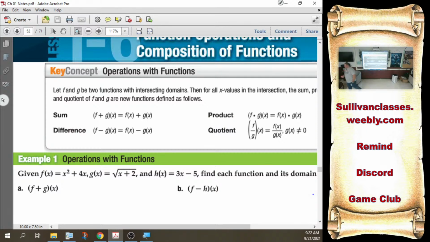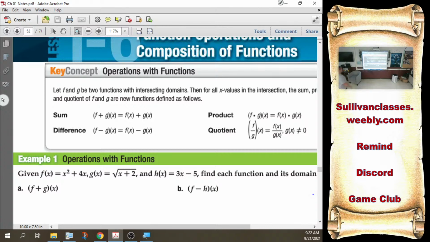Function rules are expressions. If a function rule is an expression and I can add expressions, then I can also add function rules. I can also do it with subtraction, multiplication, division. This was in chapter 6 of Algebra 2, where we said, here's a bunch of functions, can you add, subtract, multiply, and divide them?